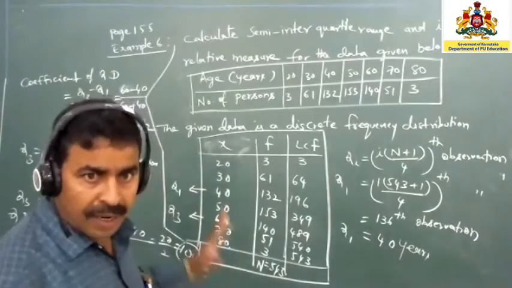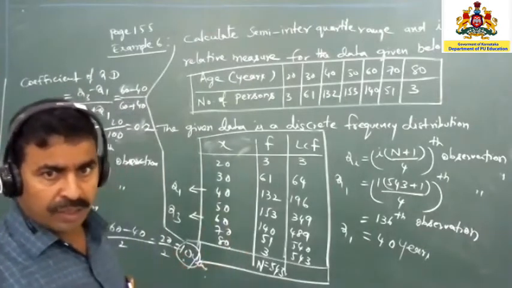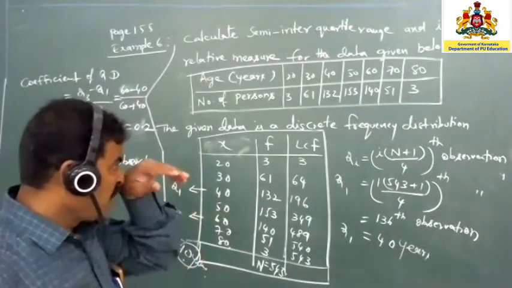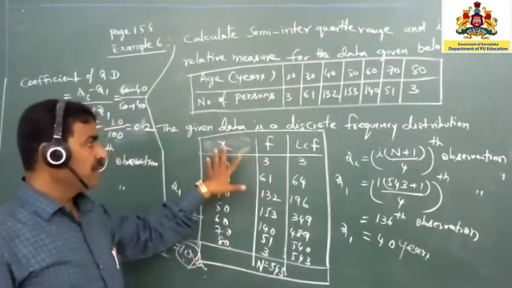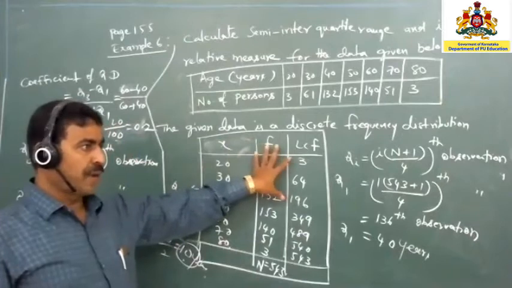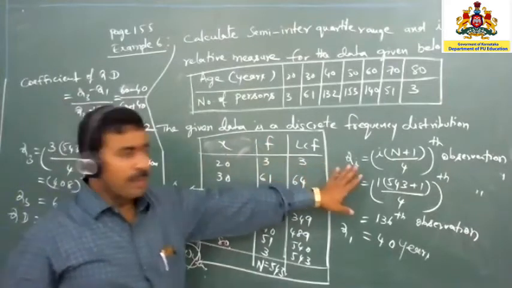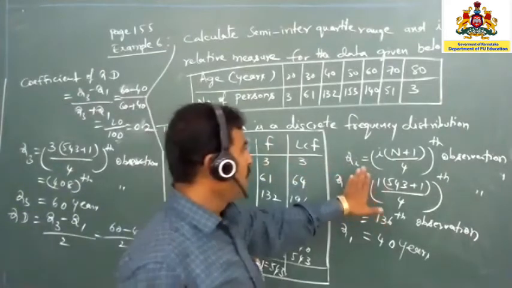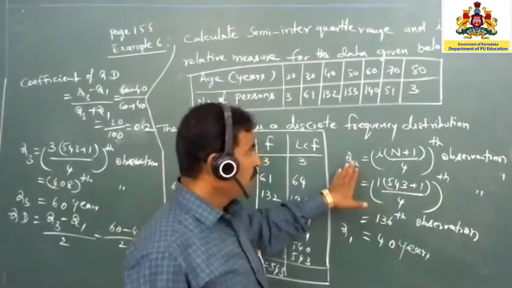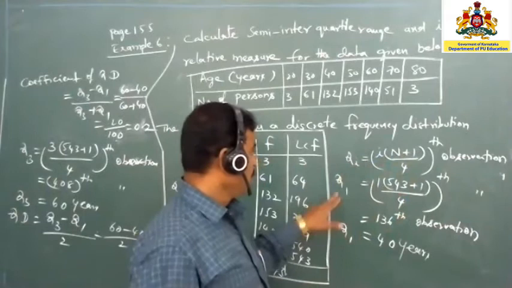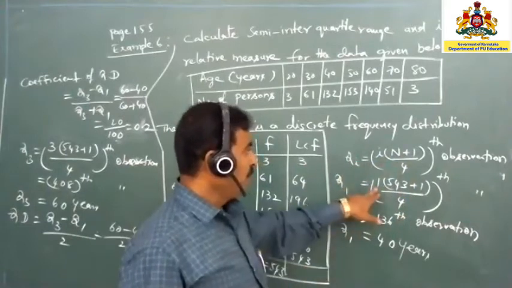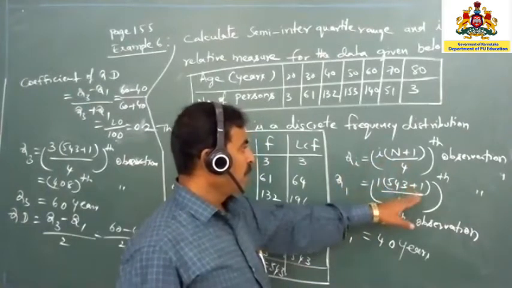So if the data is discrete data, first you should find the quartiles based on the discrete data procedure. Discrete data procedure means x values, f values, LCF values. Then the general formula for computing quartiles is Qi equals i into (n plus 1) by 4th observation. Q1 equals 1 into (543 plus 1) by 4.